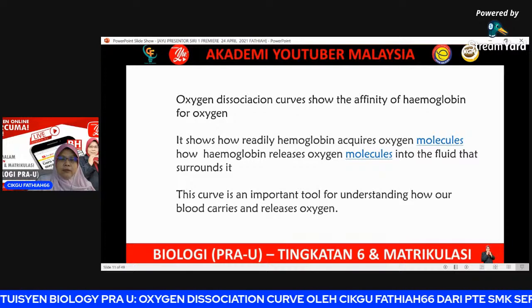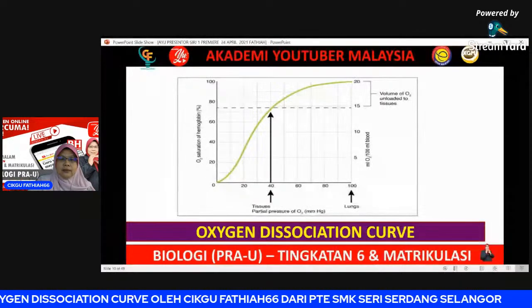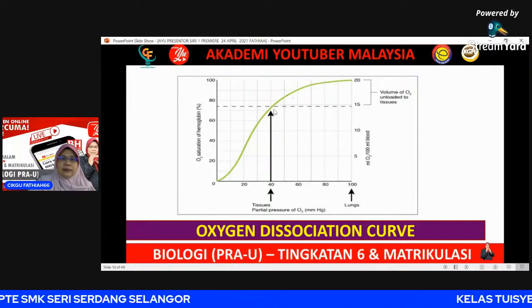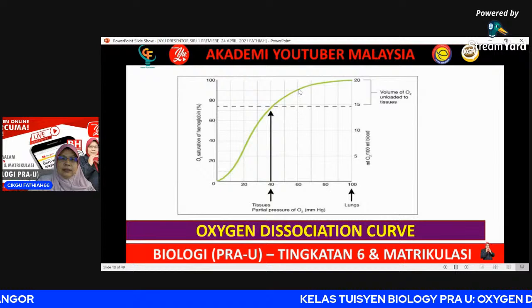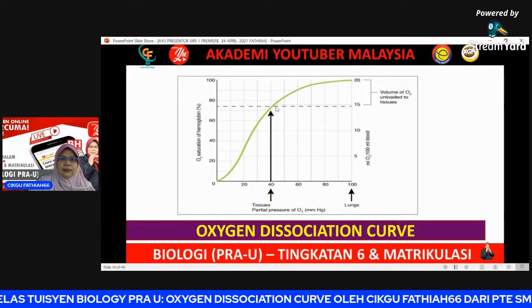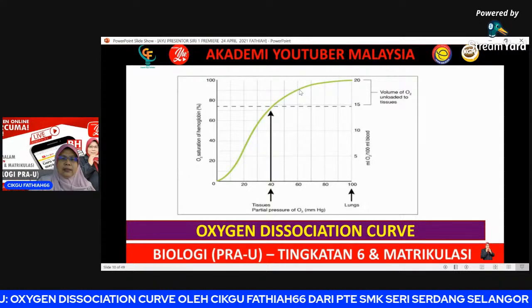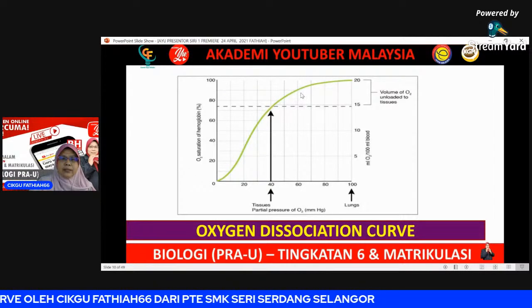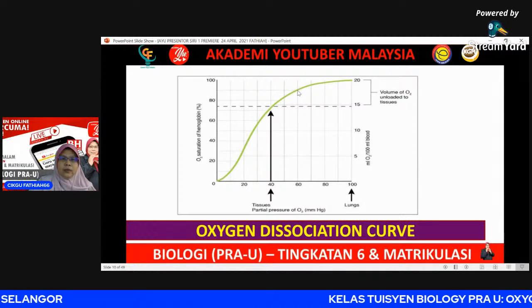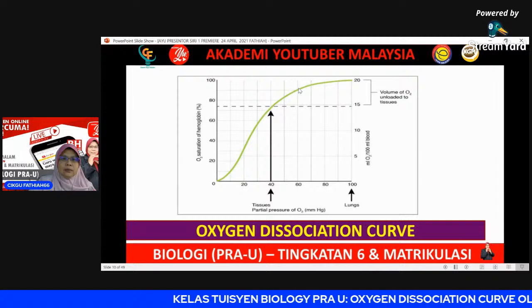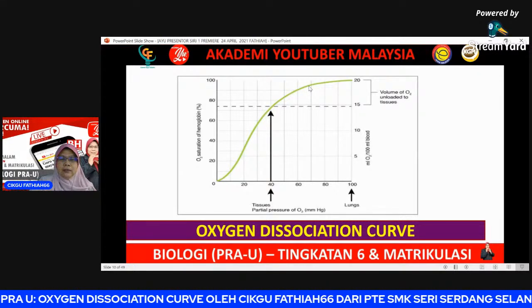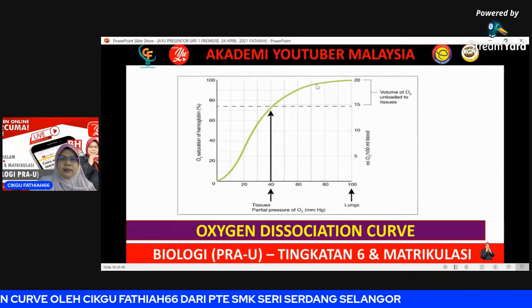If you check this graph, at this area, at 60 millimeters of mercury partial pressure of oxygen, it will increase until 60. In this area, when we increase the partial pressure, the percentage of saturation is low, so the association of oxygen with hemoglobin is slow.